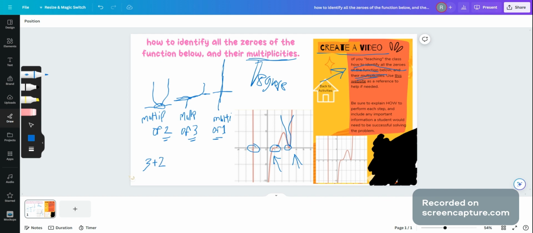So right now we're at 5. And then we have this one part of the line that goes straight down. So we know we have another 1. And then if you add all of these together, you will get a 6. Okay? Degree of 6. And yeah, that's basically how it works.